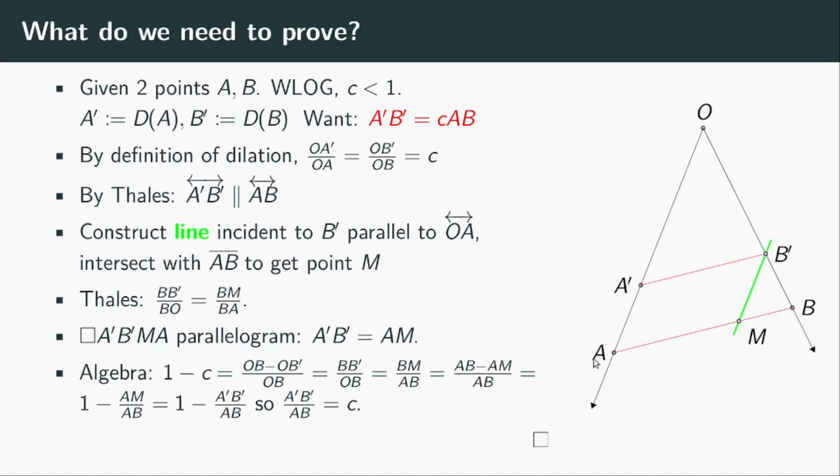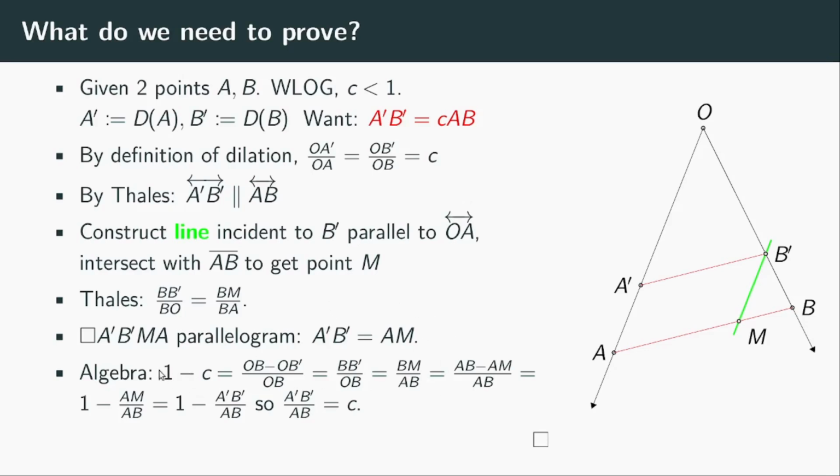That's the opposite direction in the theorem of Thales, or the basic proportionality theorem. Now, by construction, I made A prime B prime MA a parallelogram, which means that the opposite sides are congruent. So AM is congruent to A prime B prime.